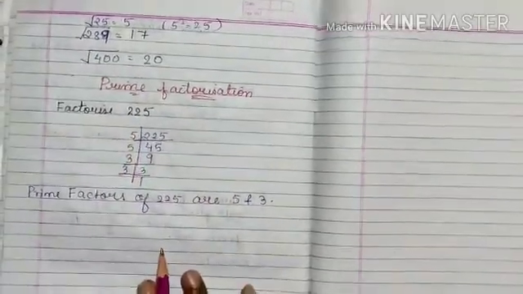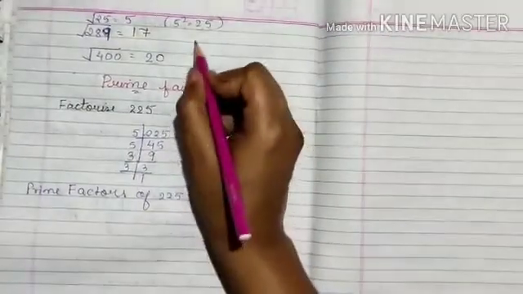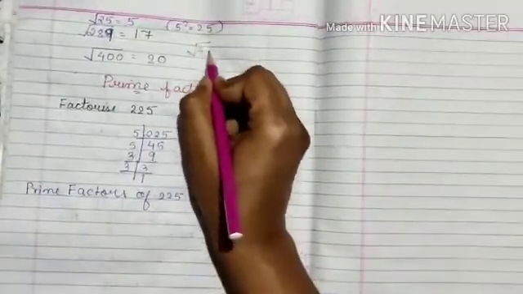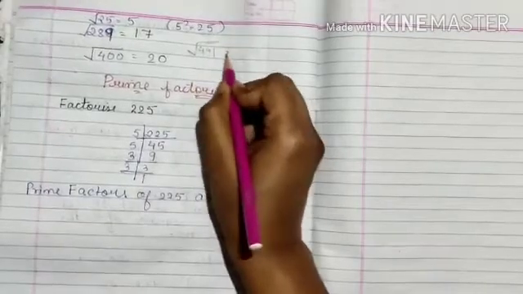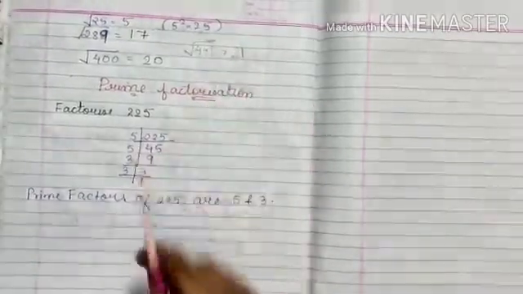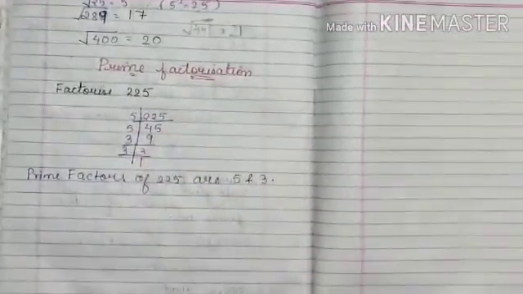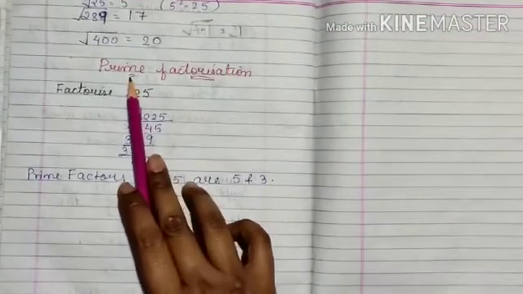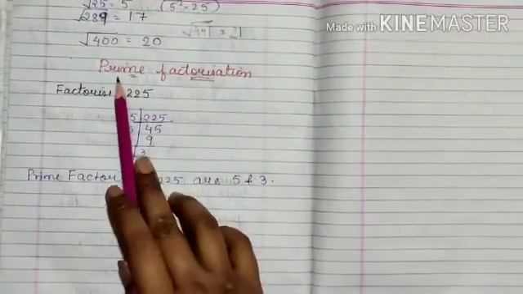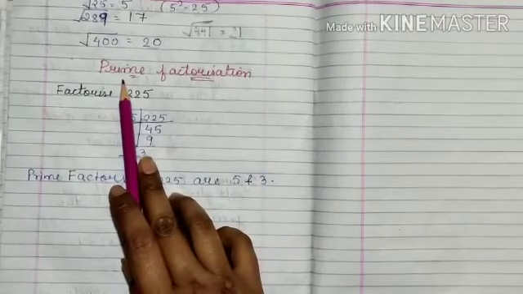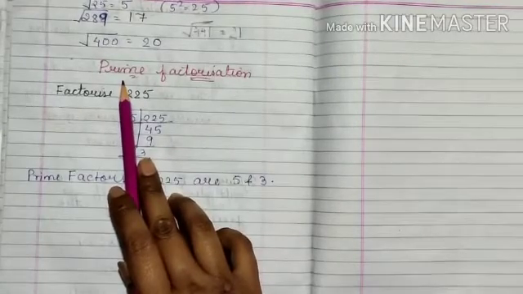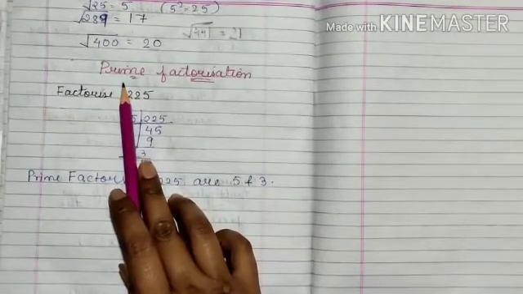Now you can do it: what is the square root of 441? It is 21. Okay, the next is prime factorization. What is a prime number? A prime number is a number which has only 2 factors, 1 and itself.